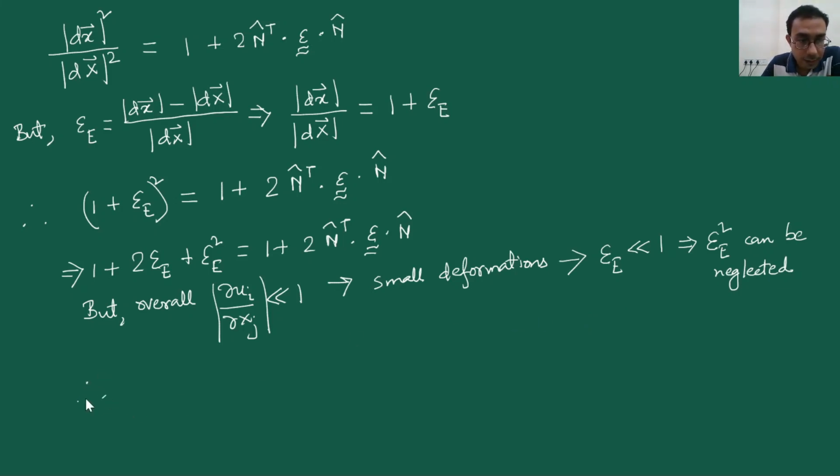Therefore, for all intents and purposes, what we have is 1 plus 2 epsilon E is approximately equal to 1 plus 2 n hat transpose dotted with the strain tensor dotted with this. So overall, what we just obtained under this approximation, with a little bit of abuse of notation, I'm writing this approximately as equal to, because we understand that we are working overall under small deformations. So this is just this.